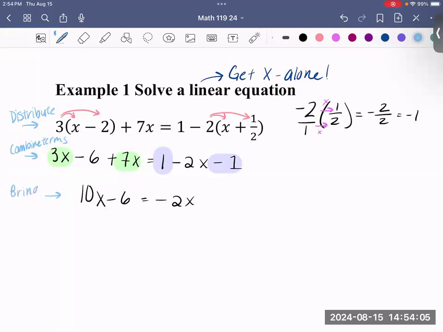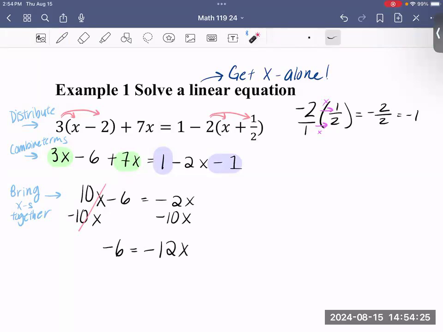You'll notice that you have a positive 10x, so we can go ahead and subtract 10x from the other side. In doing so, we cancel those values out, and you're left with a -12x. You could, if you wanted to, bring 2x to the other side, it's just that you're requiring one additional step. If we want to be nice and efficient, we should bring things to the other side.